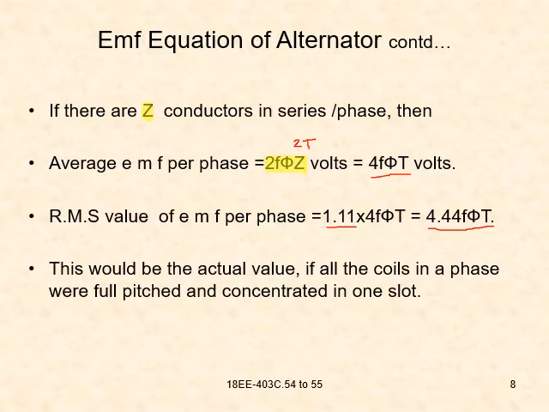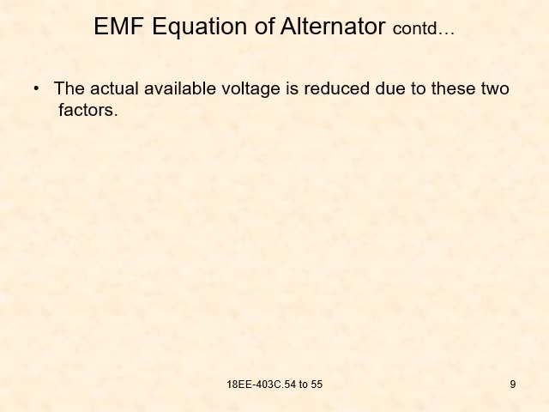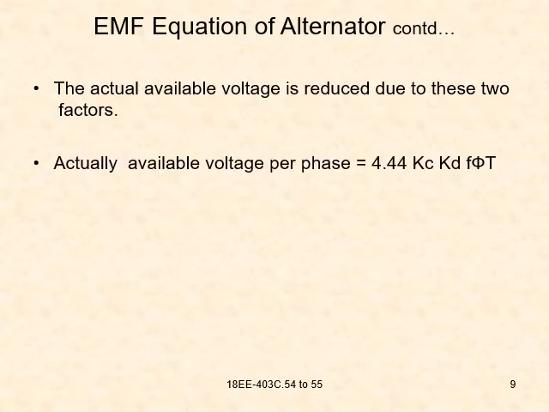Moving on to the next slide. In the continuation of the EMF equation, the actual available voltage is reduced due to these two factors. The actual available voltage per phase is equal to 4.44 kc kd pi f T. What are this kc and kd?